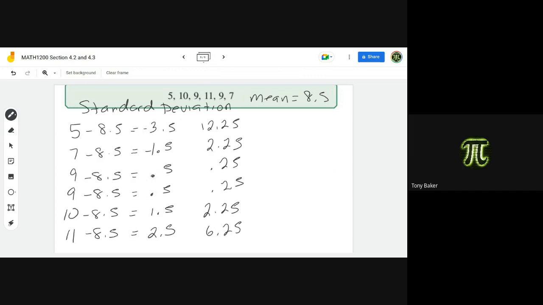Now divide it by 6 because there's 6 of them. You're finding the mean of them. So 23.5 divided by 6. Calculator. And you get 3.9.